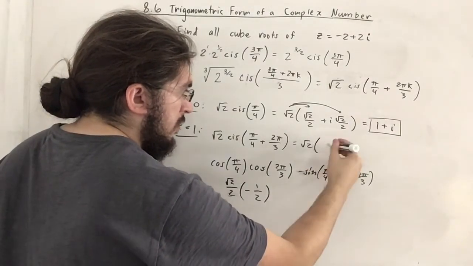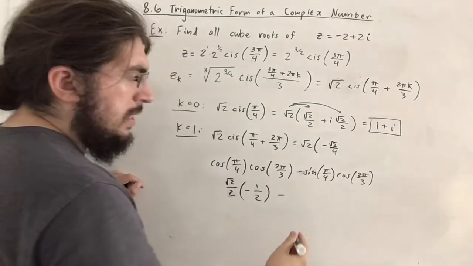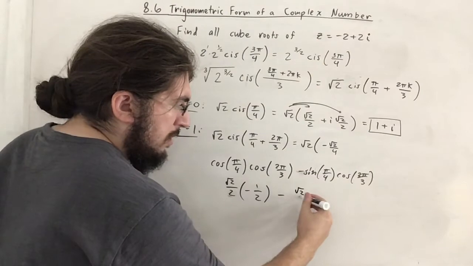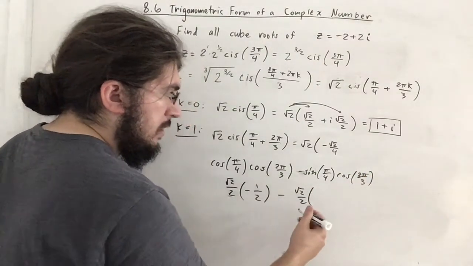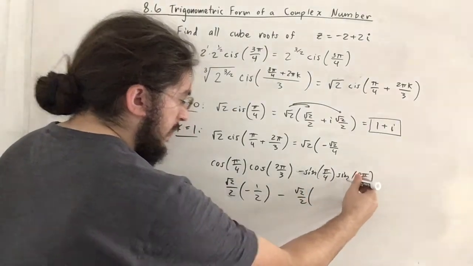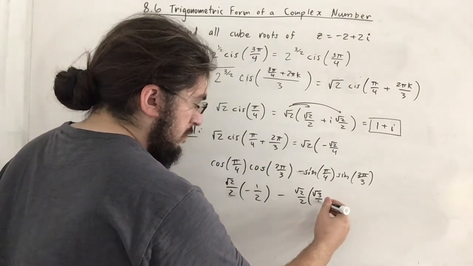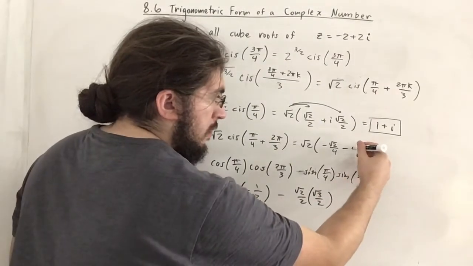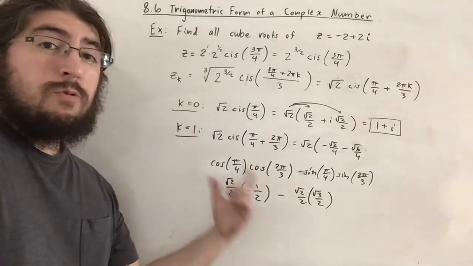And then here, sine of pi over 4 is radical 2 over 2. Oh sorry, this should have been cosine, sine, sine. There we go. Sine of 2 pi over 3 is actually positive radical 3 over 2. So here we get minus radical 6 over 4. And that's just the real part.